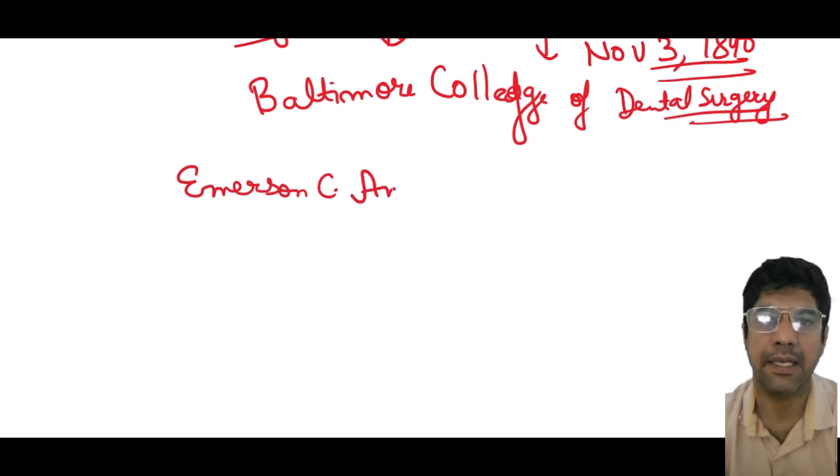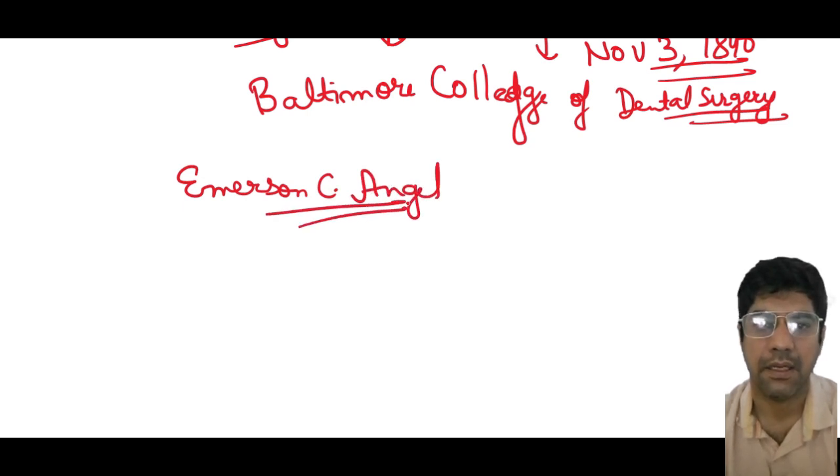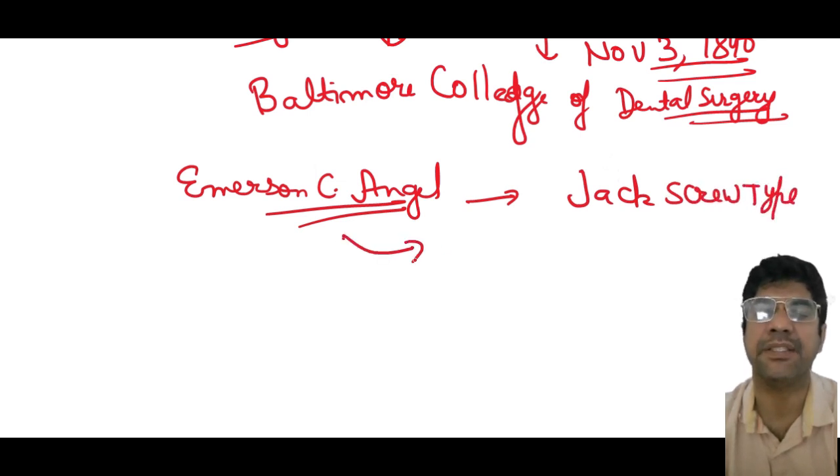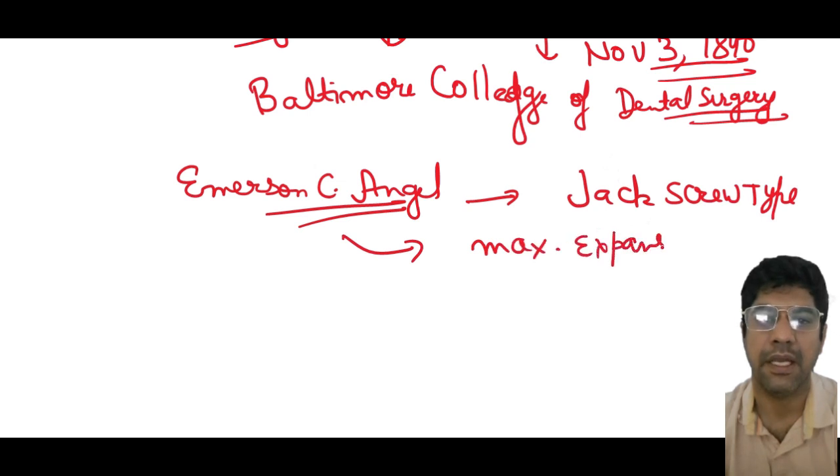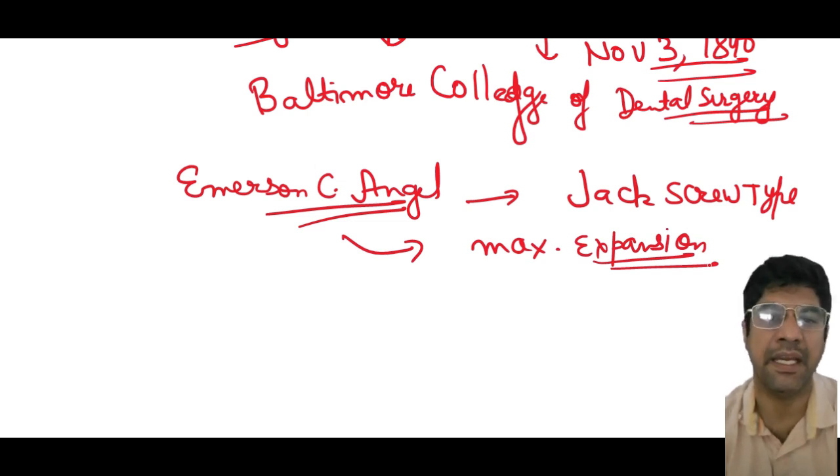Other thing that you have to remember is Emerson C. Angell. He pioneered the use of a jackscrew type of device for maxillary expansion in a 14-year-old girl, achieving a significant increase in the arch width.